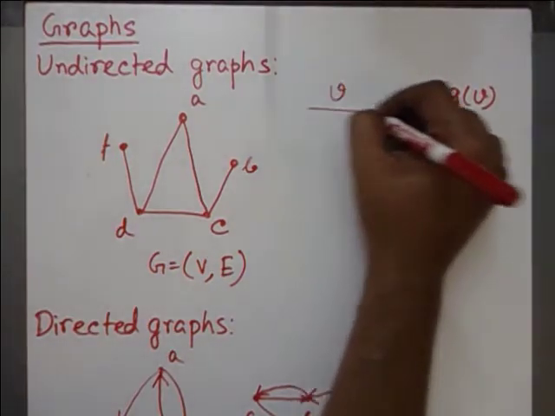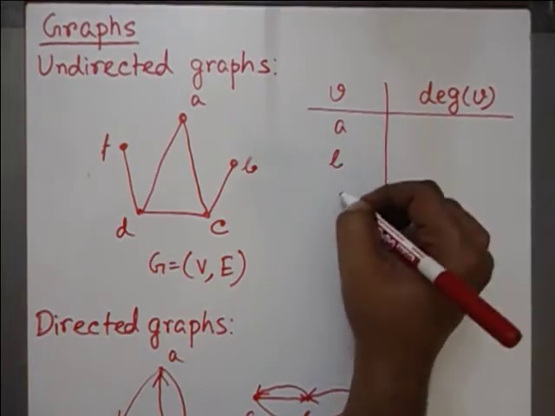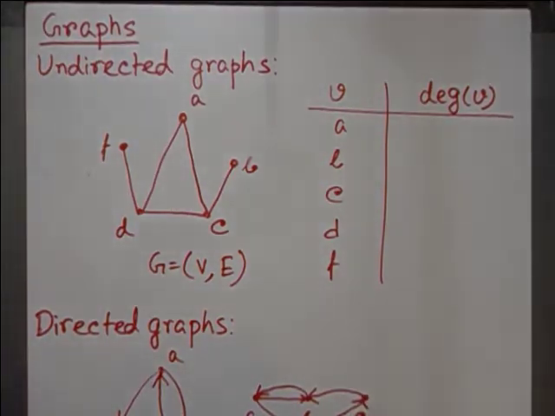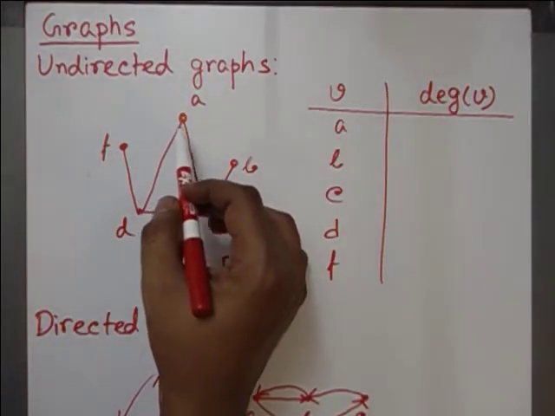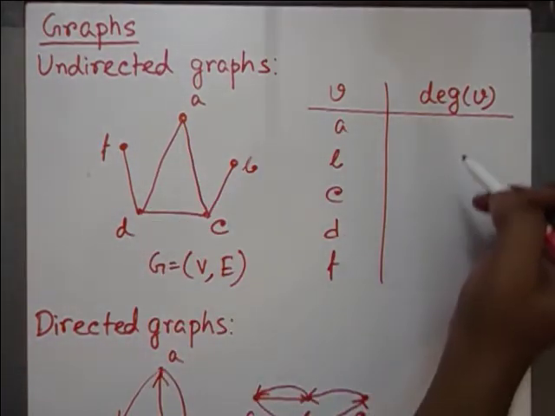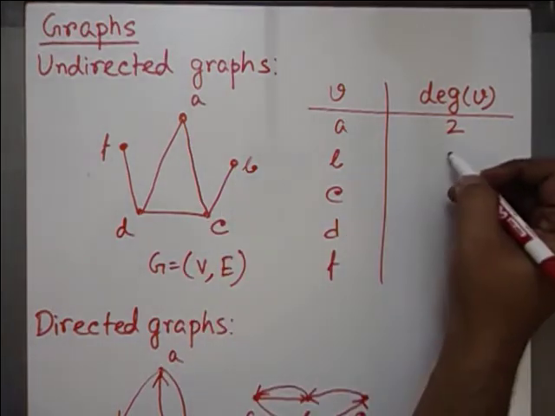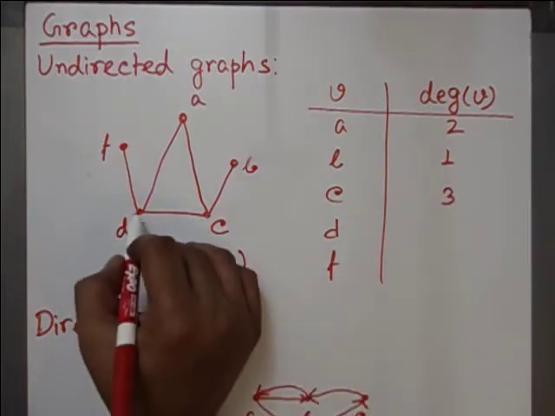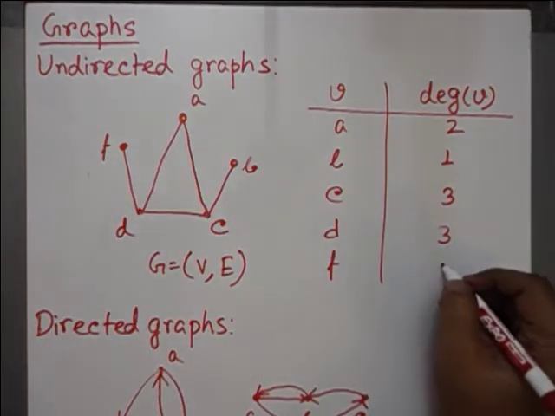So we have A, B, C, D and F, 5 vertices. For each, let's see how many degrees do they have. So A has 2 edges, so degree is 2. B has 1, similarly C 3, D 3 edges incident to it, and F 1.